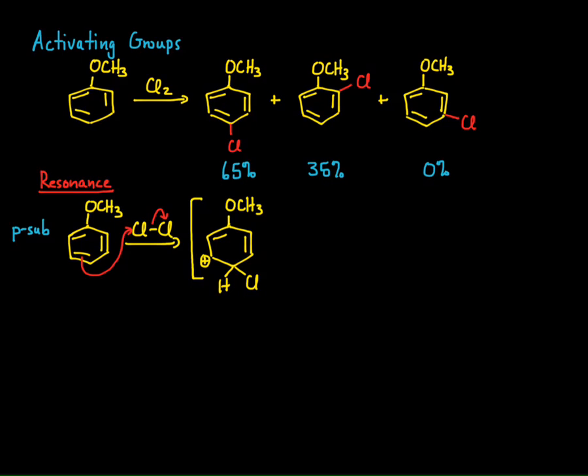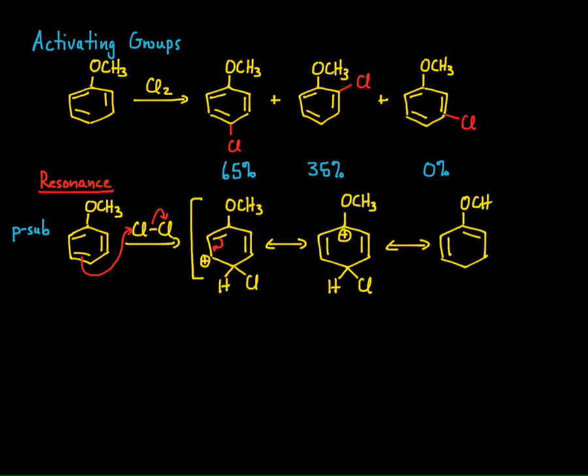And of course I can draw resonance structures of this, and we've seen many times how the ring distributes the positive charge in the cyclohexadienyl carbocation. And so here is one of my resonance structures. Notice the positive charge is on the carbon with the substituent OCH3 on it. And then of course I can draw that third resonance structure, typical resonance structure, where the positive charge now is again meta to that OCH3 group.